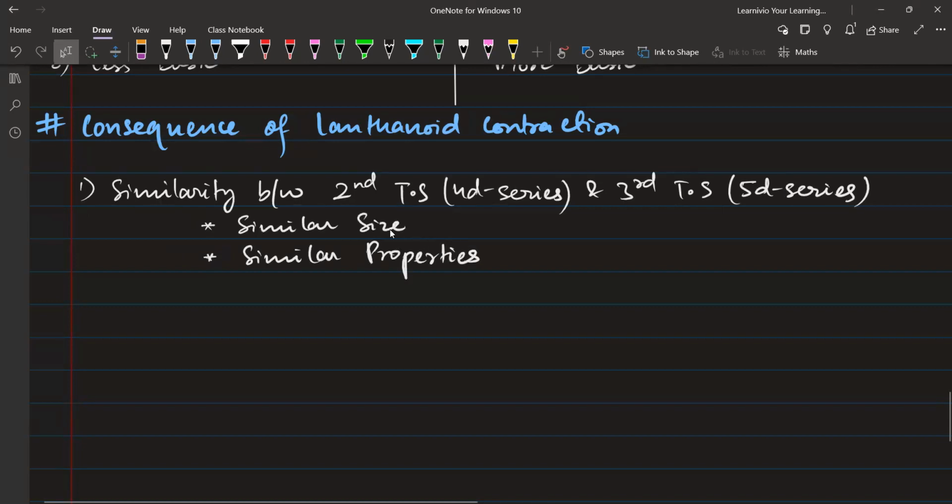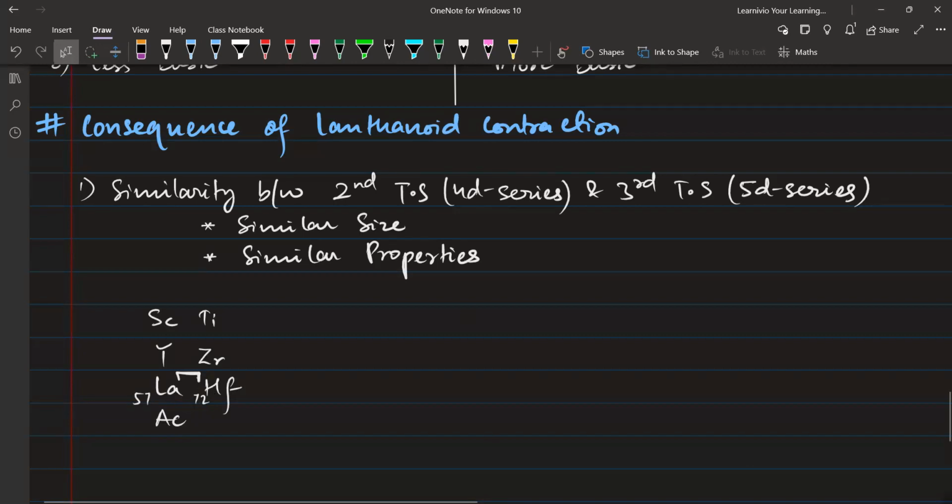And in detail, we have already seen this. If we talk about contraction, then what do we have? Starting with lanthanum, then we have hafnium. So between lanthanum and hafnium, we have all those elements. Lanthanum is 57 and hafnium is 72, so in between we have the 14 elements.